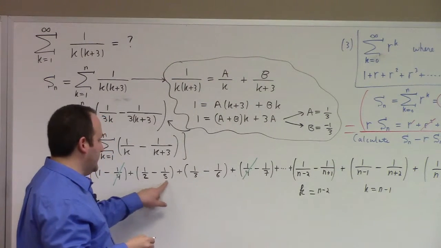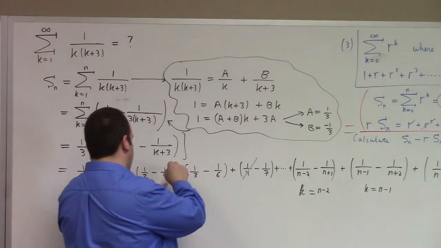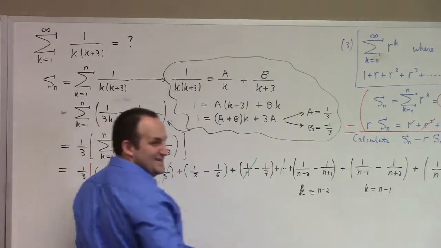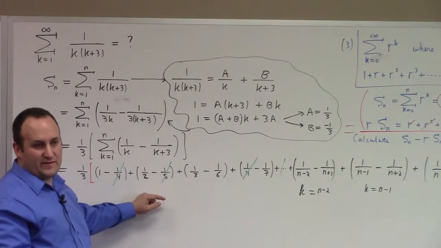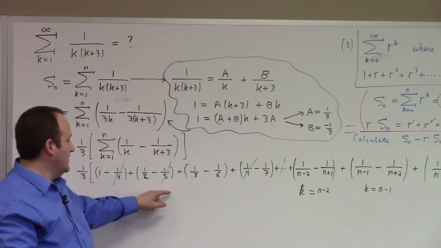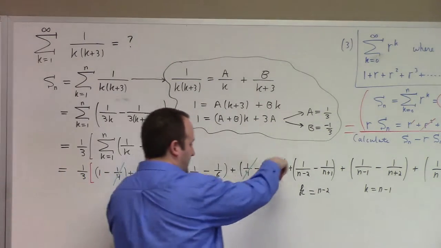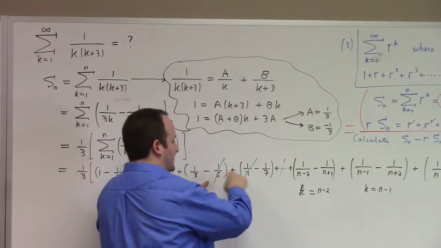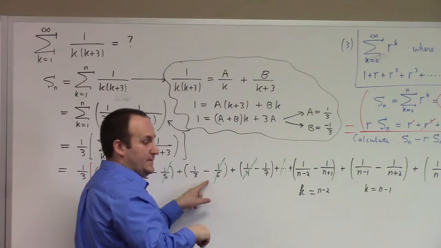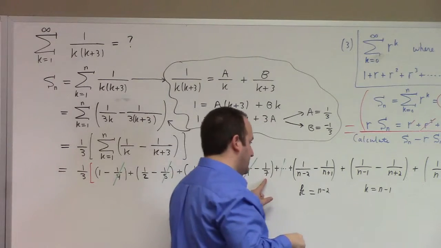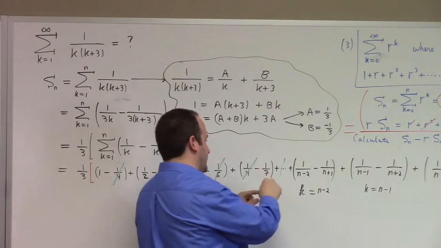No, that one survives. 1/5 though, cancels with something right here. I didn't write it, but it's there, right? 1/3 survives, but 1/6 cancels with 1/6, which is written over here. And then 1/7 cancels with the later term, right?